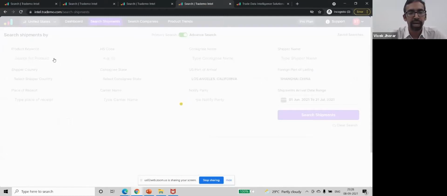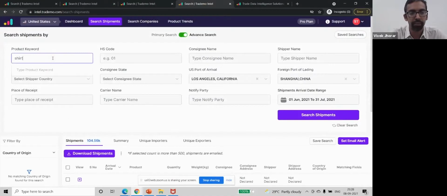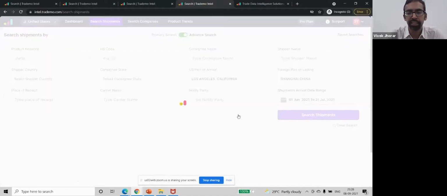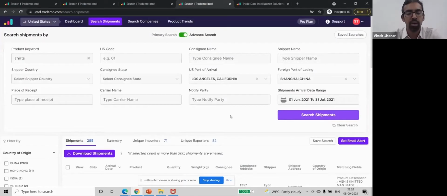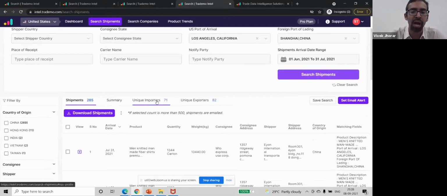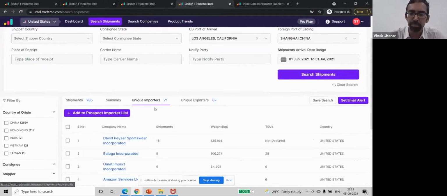I still need to put shirts again, so I'll put shirts here. I'll do this, and you will see these many shipments, 285 shipments. And you now know, Michael, who the other competitors are who are importing via this particular route.